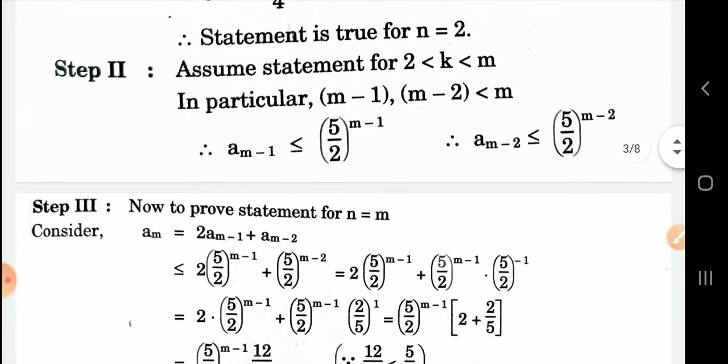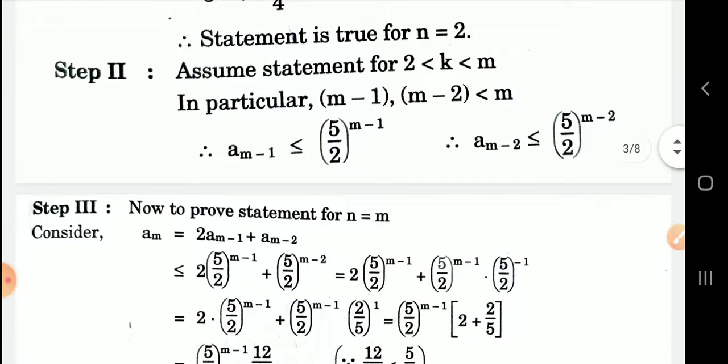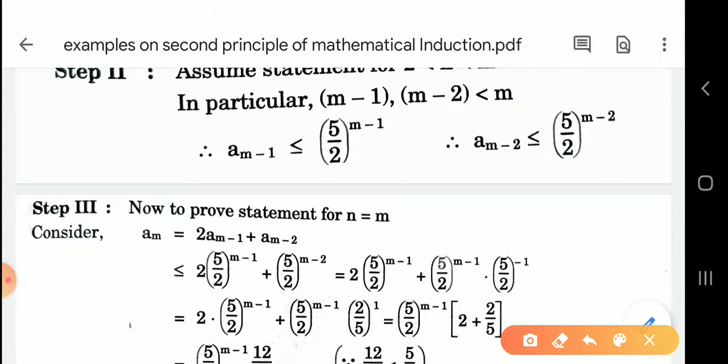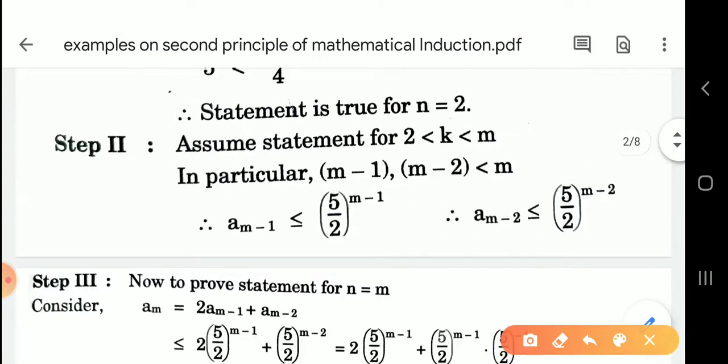Now we assume this statement is true for n is equal to k, where k is less than m. In particular, for m minus 1 and m minus 2, which are less than m, our statement is valid for all terms smaller than m.